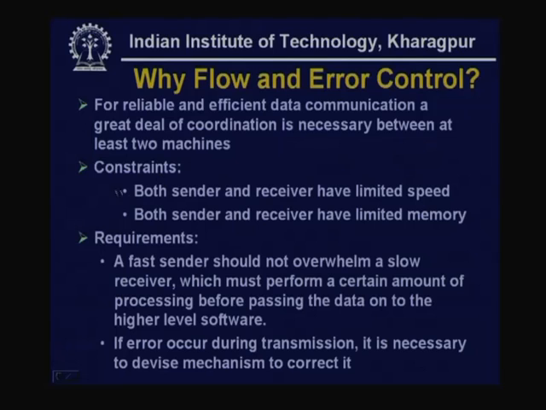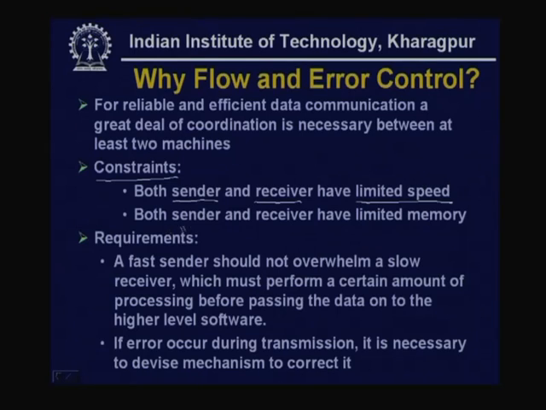First of all, one constraint is that both sender and receiver have limited speed. That means they will require some time to receive data, to process data and to store data. Because of limited speed, it will involve some time.